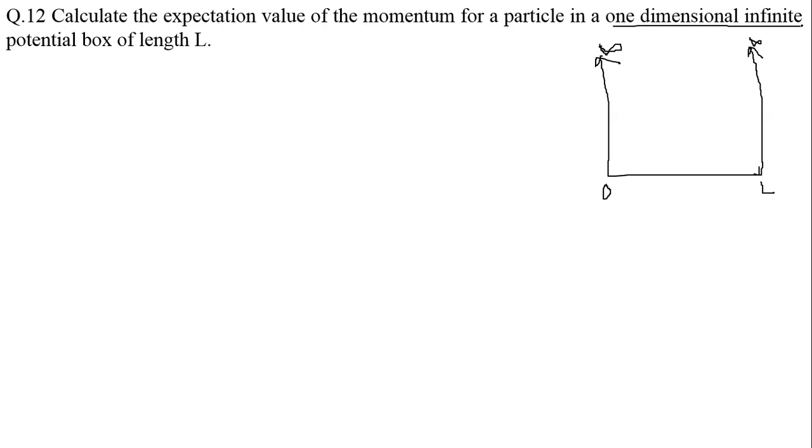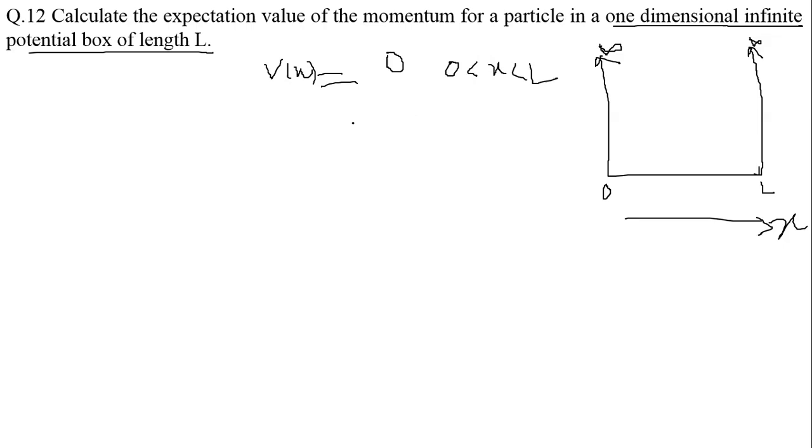This is known as a one-dimensional infinite box potential of length L. The particle is in a region where the potential V(x) is 0 for x between 0 and L, so there is no potential there, and the potential outside this region is infinite. If a particle is placed here, it is called a particle in a one-dimensional infinite potential box.